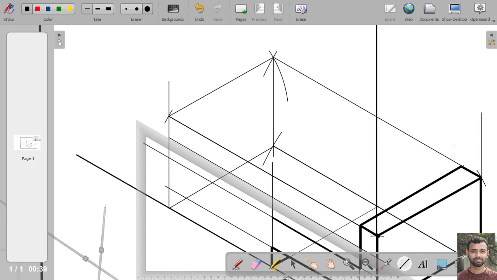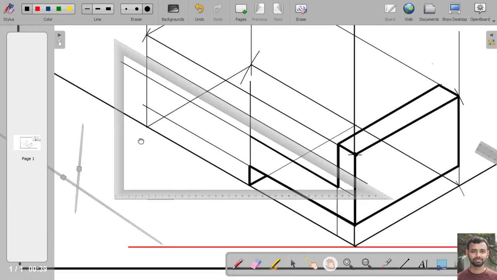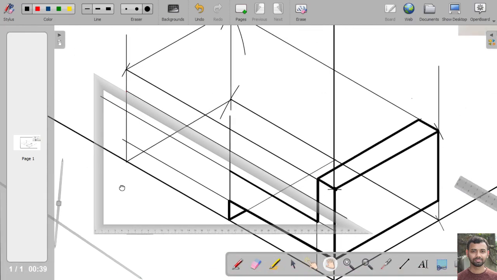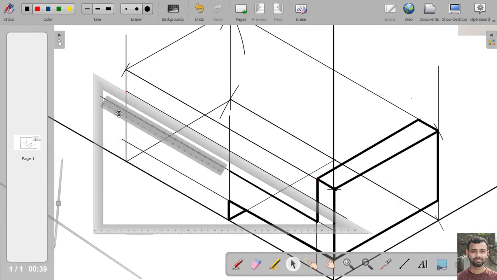And on this line, from this end point, we have to measure 45 mm distance. So with the help of a scale, we can measure this 45 mm distance.